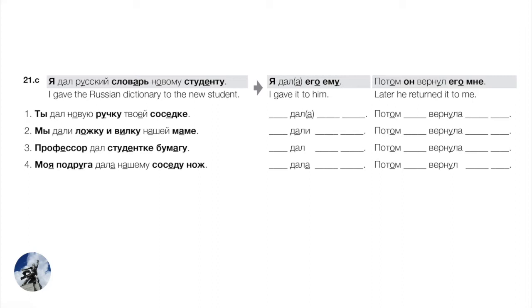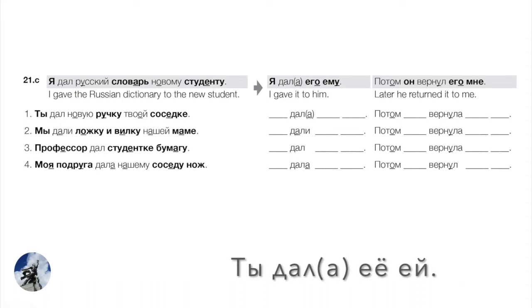Okay, number one. Ты дал новую ручку твоей... Sorry, I thought it was a question at first. Ты дал новую ручку твоей соседке. You gave a new pen to your neighbor, feminine. Okay, so let's say you gave it, feminine, to her, feminine. Ты дал or дала ее, right? That's the accusative of ручка, which is feminine.